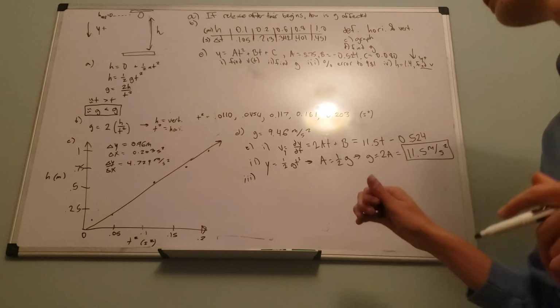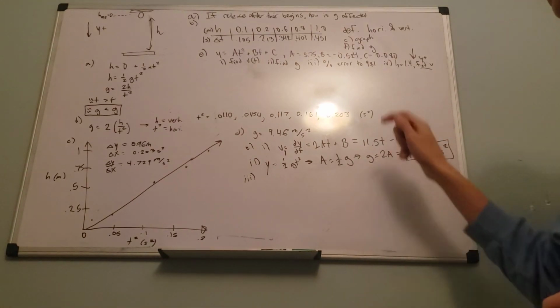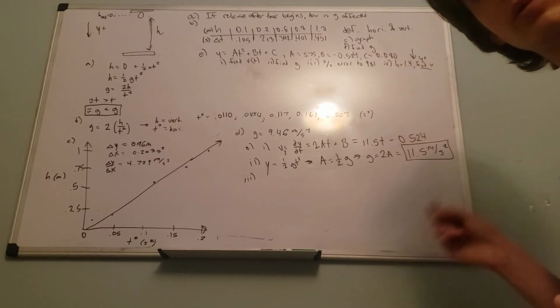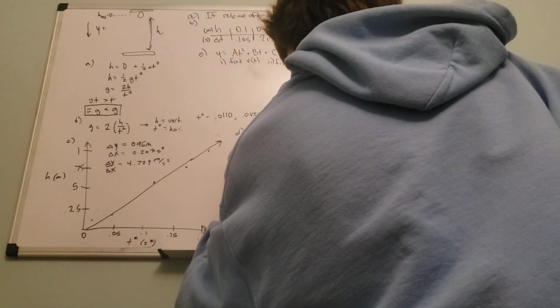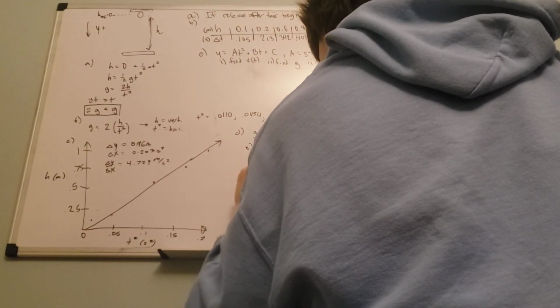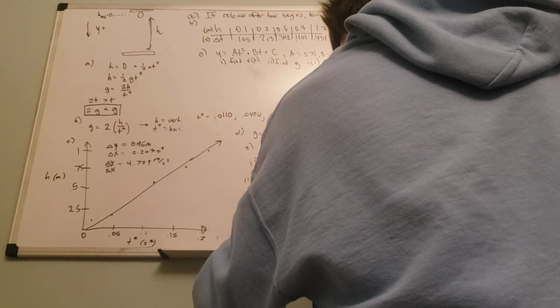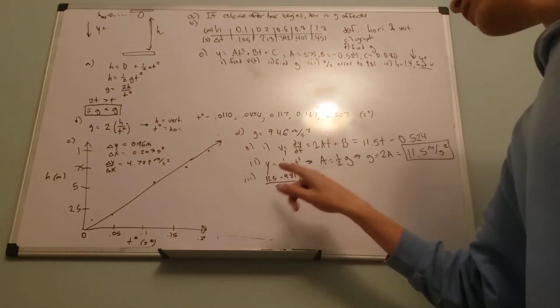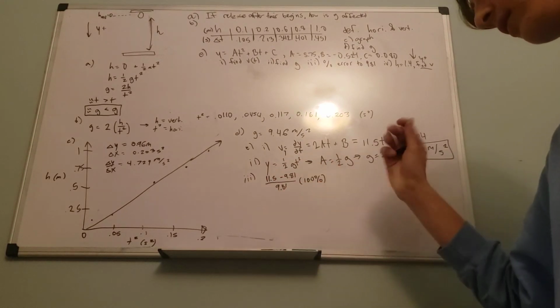So next, we're going to find the percent error of this value compared to the accepted value for g, which is 9.81 meters per second squared. So for that, we'll just do calculated value minus expected divided by the expected value times 100%.